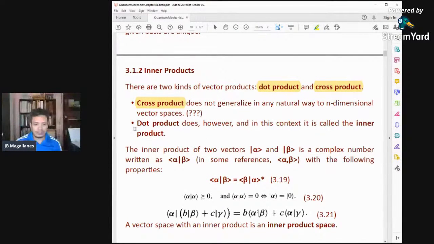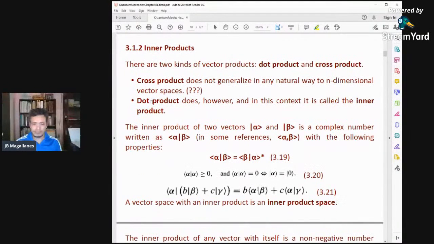But we are sure that the dot product has an associated inner product for higher dimensions. The cross product is only valid for some dimensions for now, but not extended yet to n dimensions. But the inner product can be extended to n dimensions.